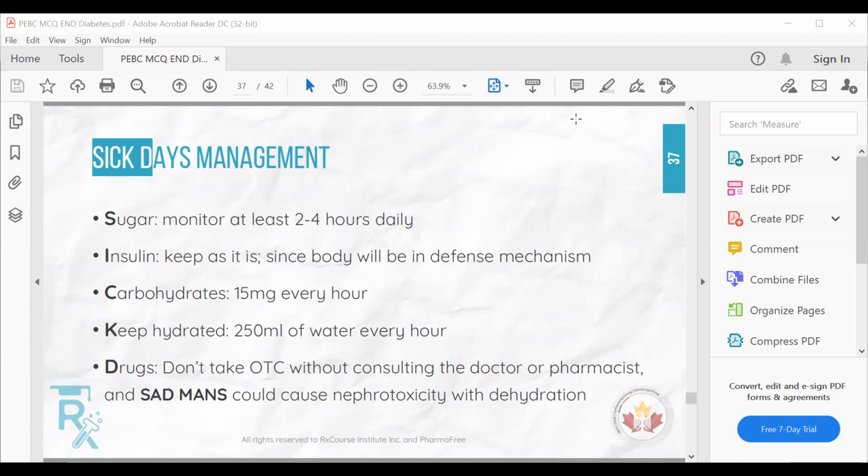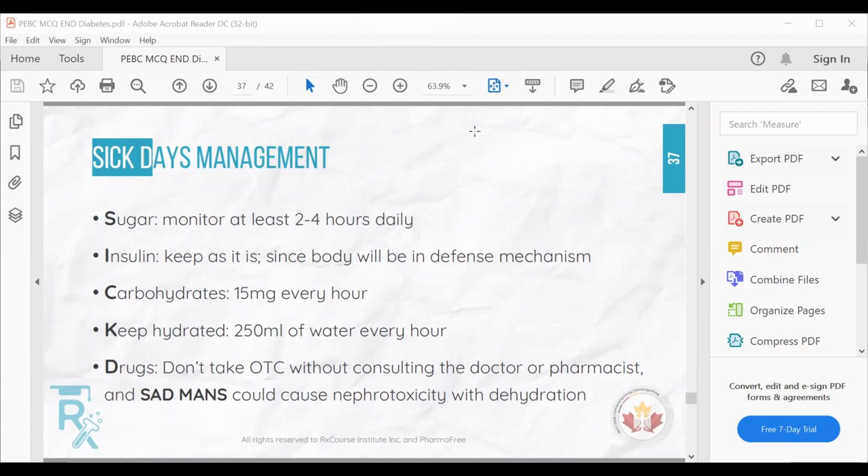Okay, welcome. So, where we are, sick day management. So, diabetic patient losing fluids, so glucose will be concentrated in his blood, high glucose level. First, I need to monitor sugar level every 2 to 4 hours.